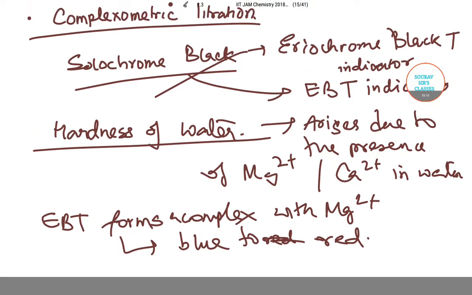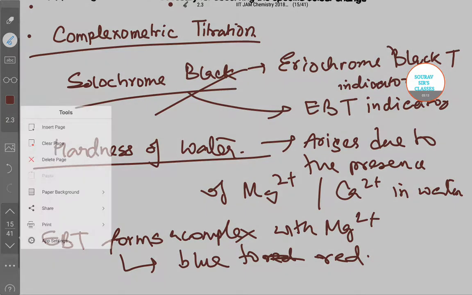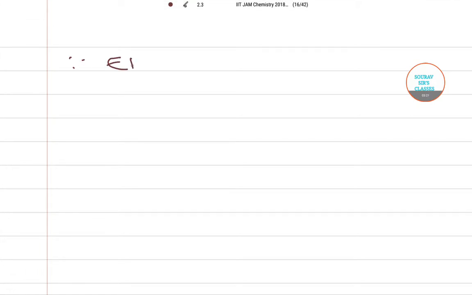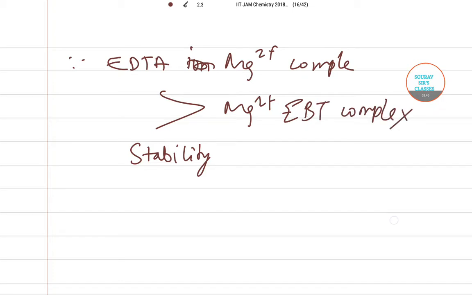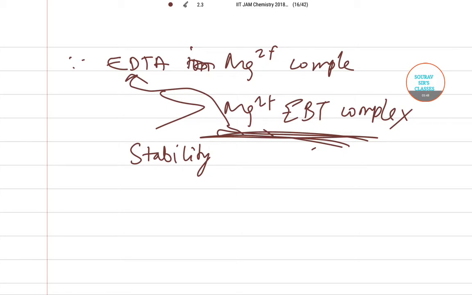And then when we give EDTA, since the EDTA Mg2+ ion complex is more stable, this is the stability order, than the Mg2+ EBT complex, the Mg2+ in this complex breaks from the complex and forms a complex with EDTA.